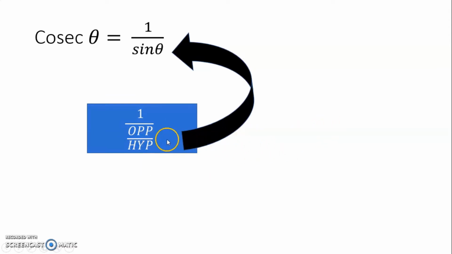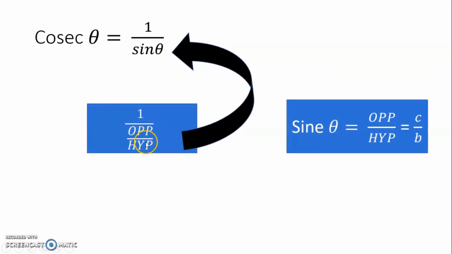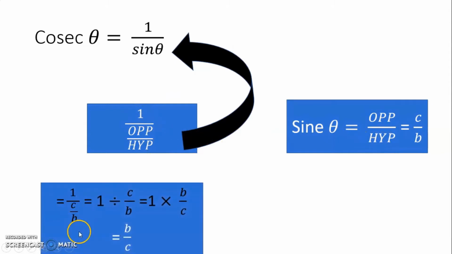Now it becomes 1 over c over b, which is the same as 1 divided by c over b.